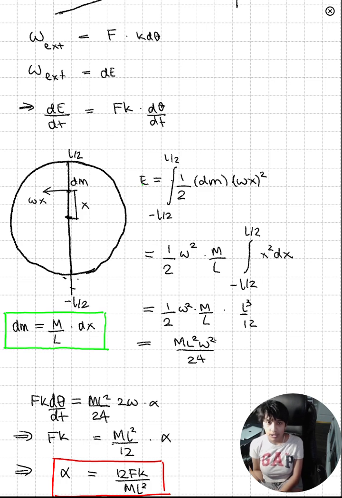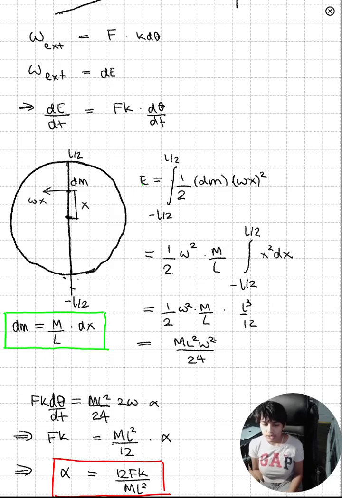It's accelerating, and remember, we're trying to find angular acceleration. The omega I originally took is just at a certain point in time. It's not fixed. So we differentiate omega squared with respect to time, and that gives us 2 omega times alpha.